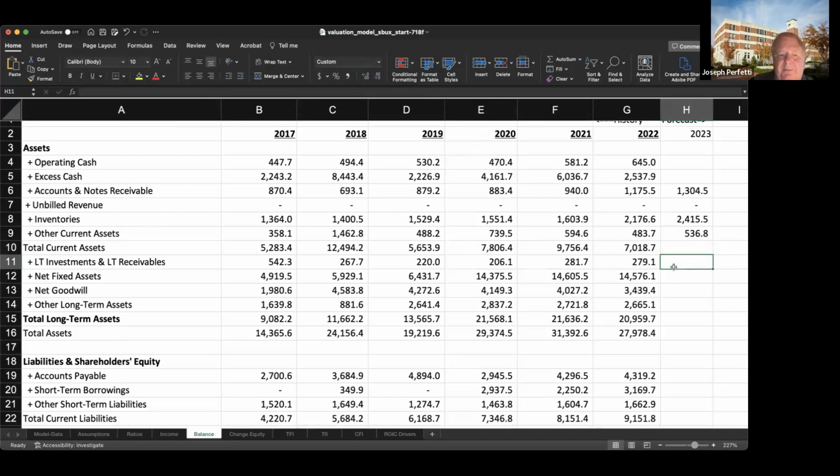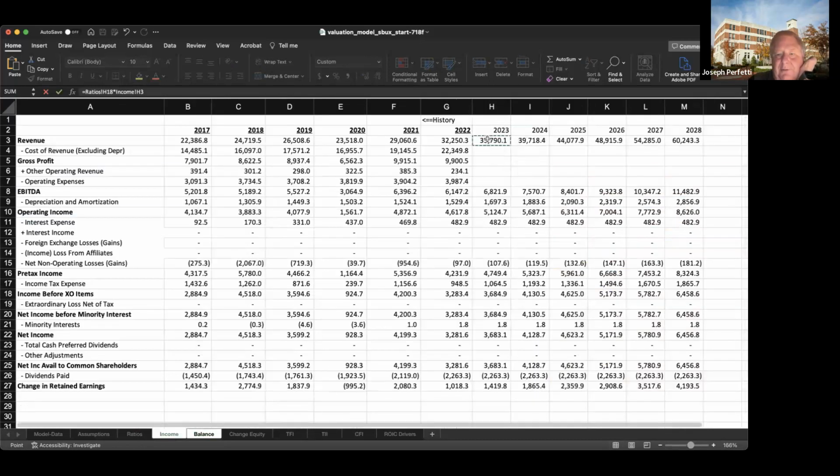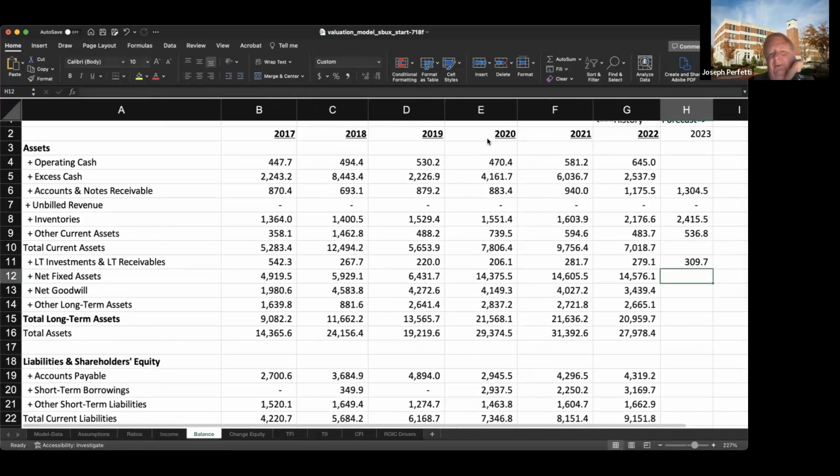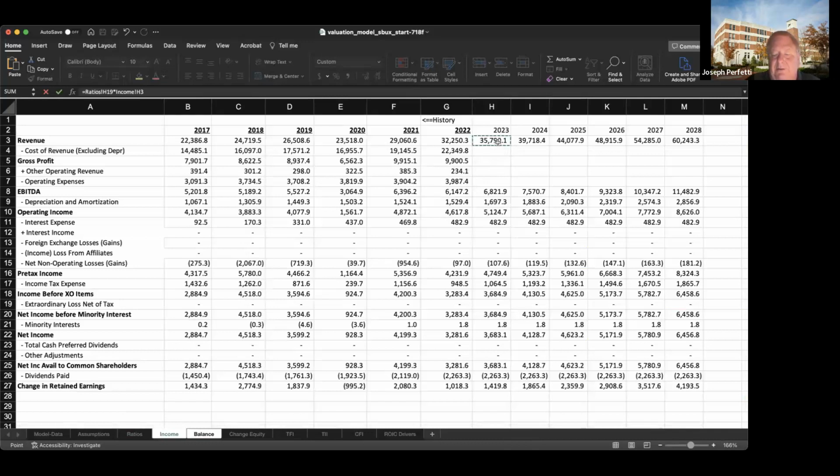The next ratio is long-term investments equals ratios. Long-term investments is row 18. So H18 off the ratios times income H3, which is 2023 revenue, 309.7 million of long-term investments. The next item is net fixed assets equals, on the ratios, net fixed assets are 45.2%, which is row 19, H19 times income H3, 2023 revenue.